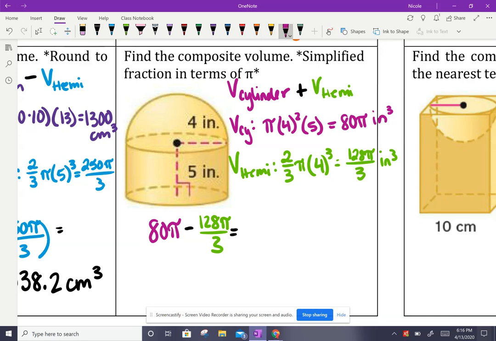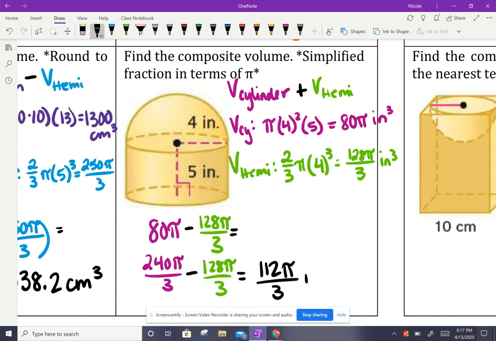If you do that, you're going to end up with 240 pi over 3 plus 128 pi over 3. Then you can add 240 plus 128, and you get 368 pi over 3 inches cubed.